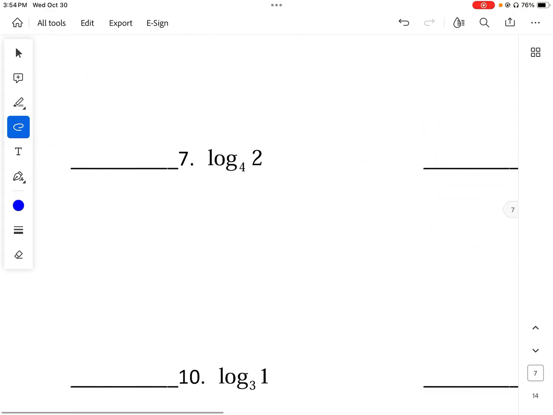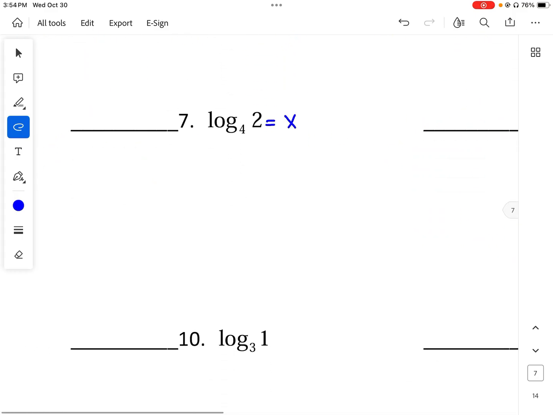Okay, next one equals x. 4 raised to the x equals 2. I need to change this. I didn't actually get my answer.